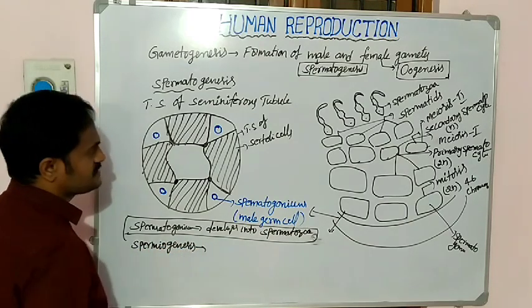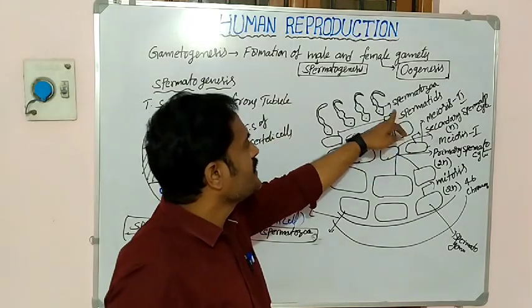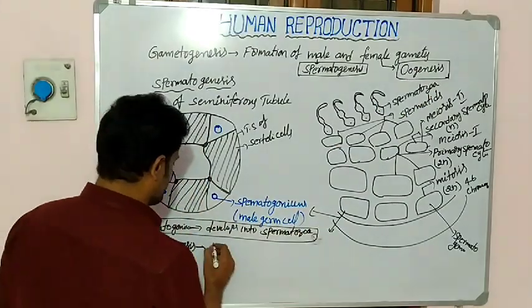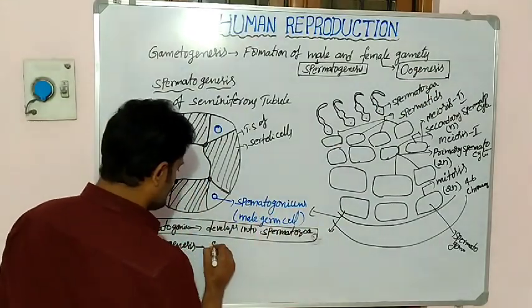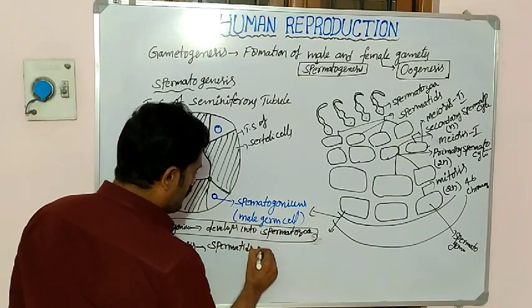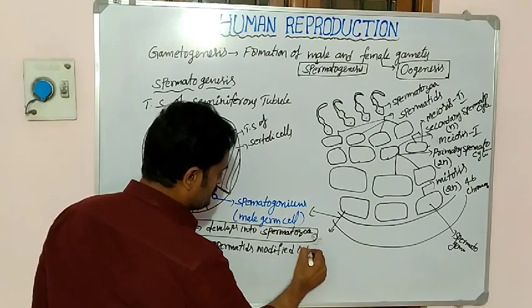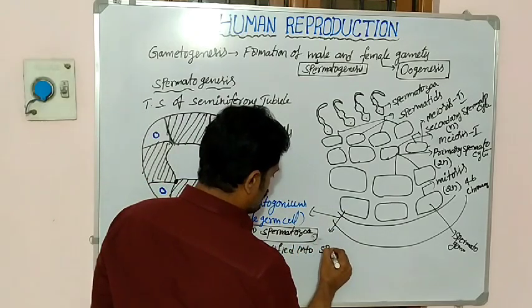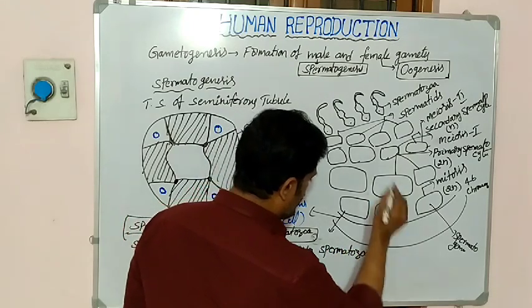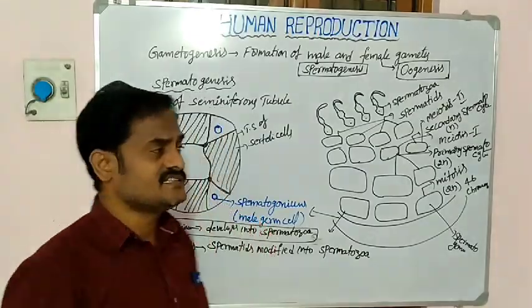Spermatids modified into spermatozoa or sperm. This process is called spermiogenesis. Like this.